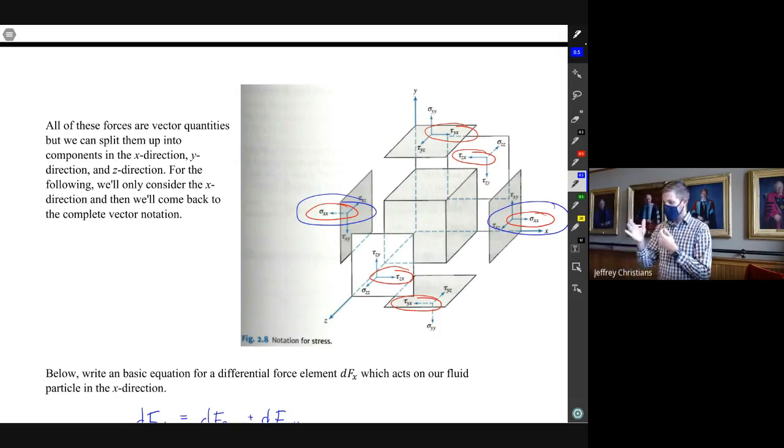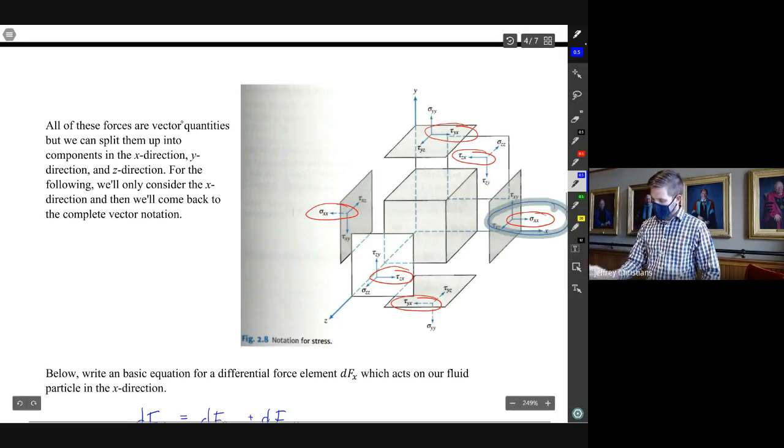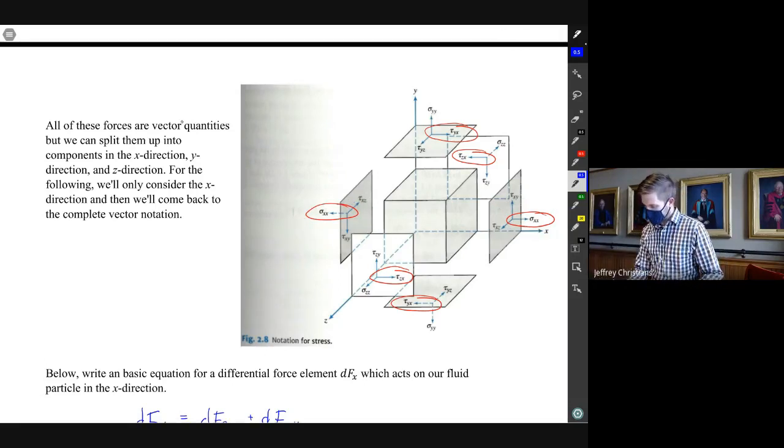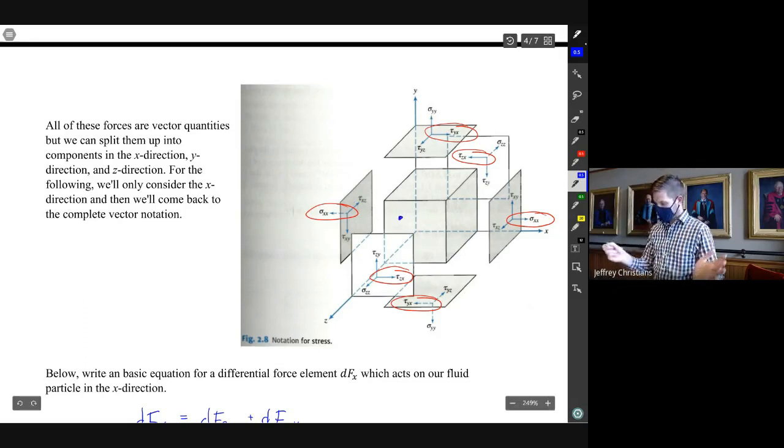Let's look at how that's going to work. For sigma, we're going to be moving from this side, at some value x, all the way over to this side, dx later.